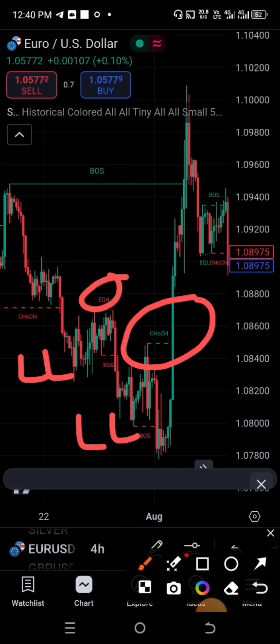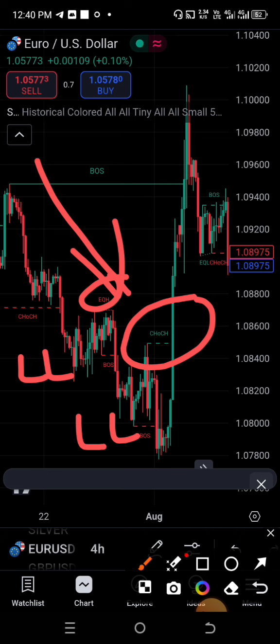Because the price actually wants to change direction from going lower, or going bearish, to going bullish. The market will do that by first introducing what we call a change of structure. What do we mean by change of structure here? The bearish market was producing a series of lower low, lower high, lower low, lower high.